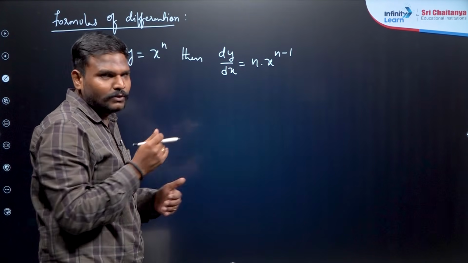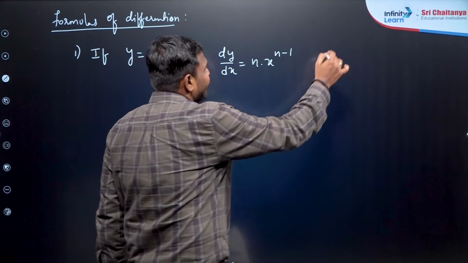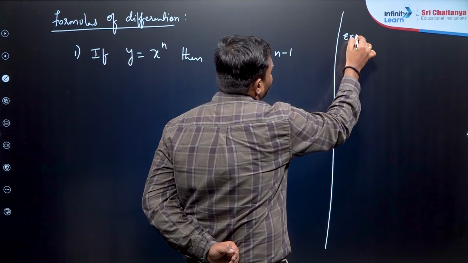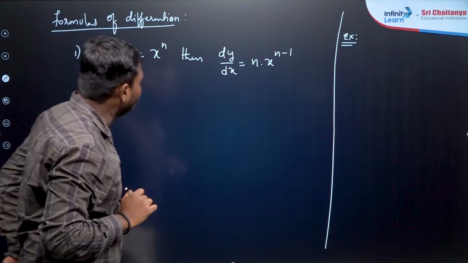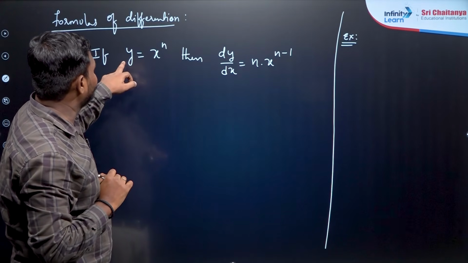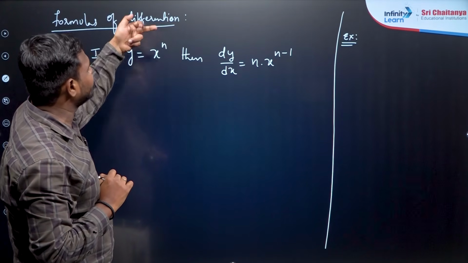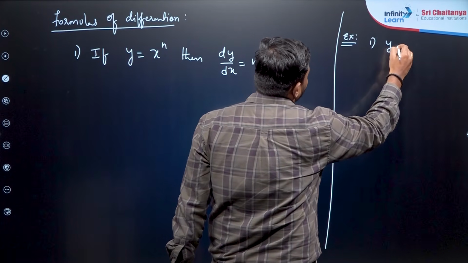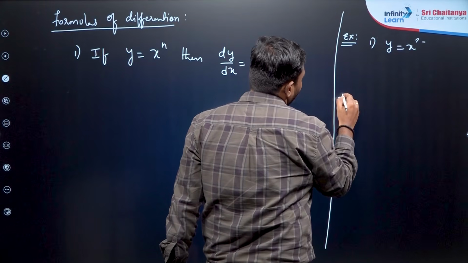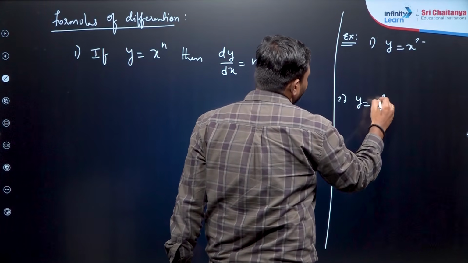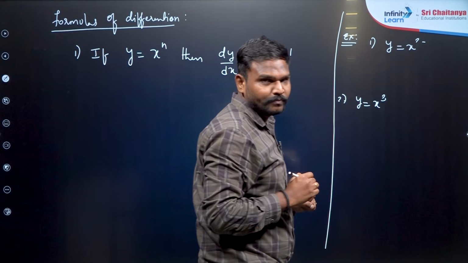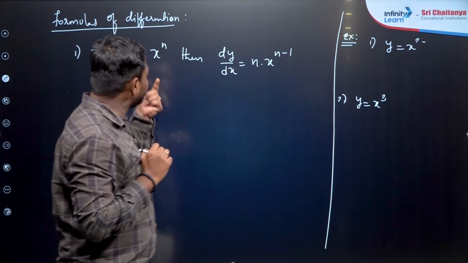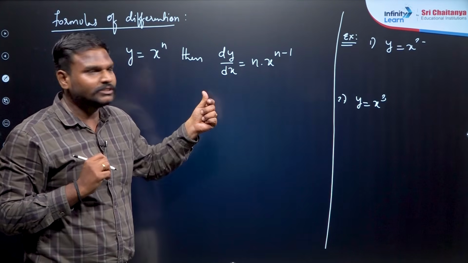So again I am telling you, sir, we are focusing only on the application part, how we have to apply this. If your question looks like a function y depending on x power something, like y is equal to x square or y is equal to x cube, the n is a constant here. Now what is the derivative for this particular function?